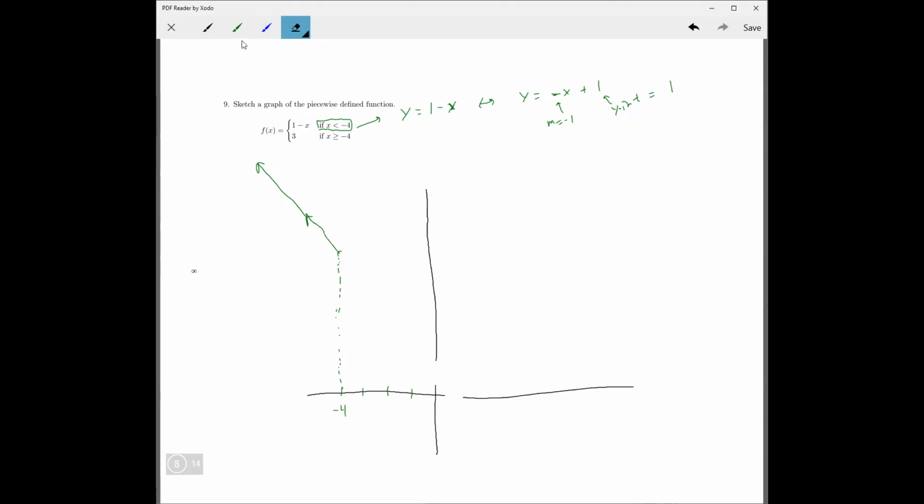Fill that back in. And so the first one is going to be just that.